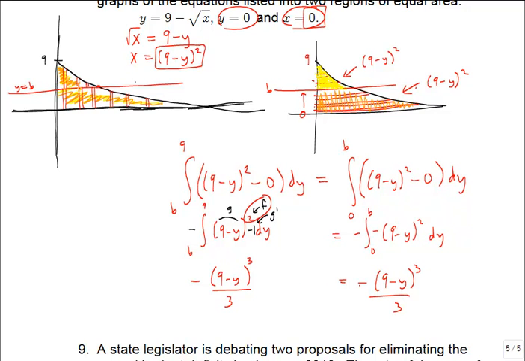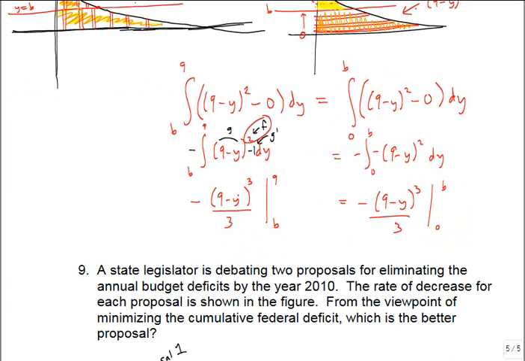The only difference between the left and the right side is that on the left side we're going from b to 9, and on the right side we're going from 0 to b. So if I plug in 9, 9 minus 9 becomes 0, so this whole top bound becomes 0. When I plug in b, I'm going to get a minus because we're subtracting top minus bottom, and then I'm also going to get this minus still present, and this becomes (9 minus b) quantity cubed over 3.